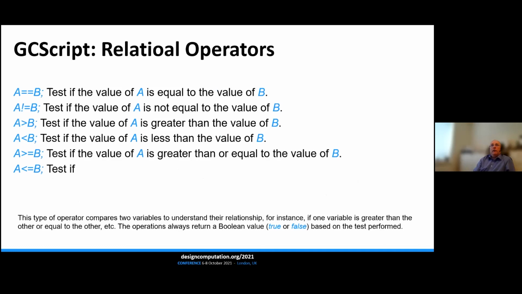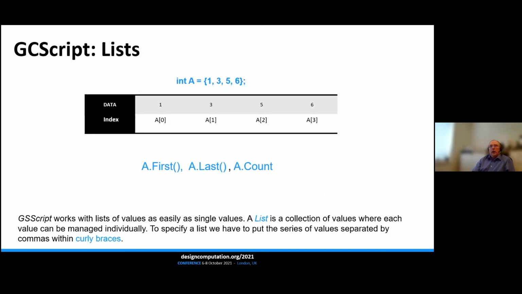And we also have relational operators that you can look at in terms of testing values or comparing values. And we also have the ability to have lists, and we follow the normal data convention that the first piece of data in a list is index 0, and so on beyond that.